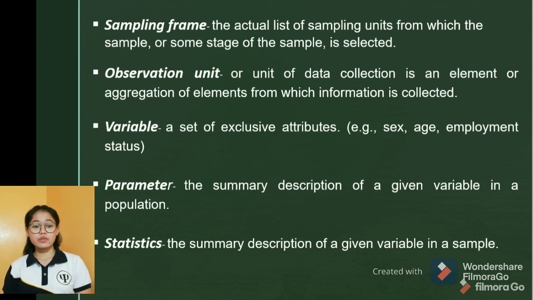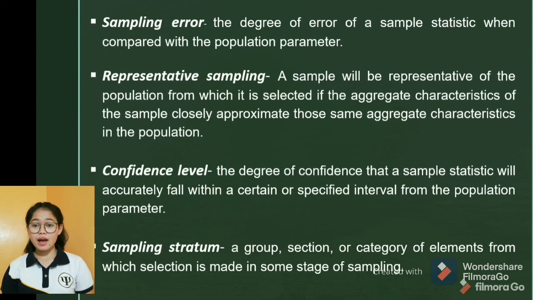Sampling error is the degree of error of a sample statistic when compared with a population parameter. So sampling error is like a deviation of a sampled value from the true population value, due to the fact that the sample is biased and not representative.